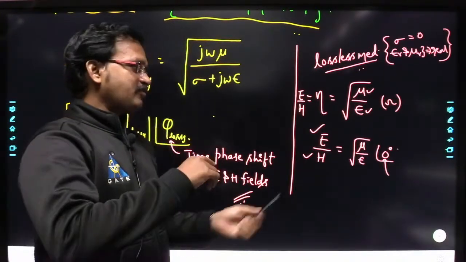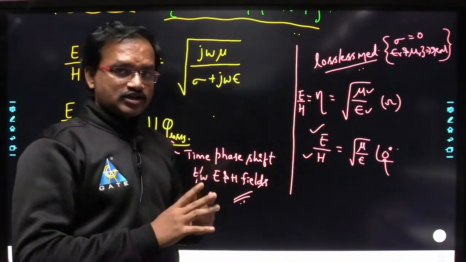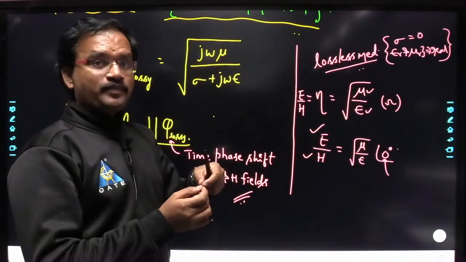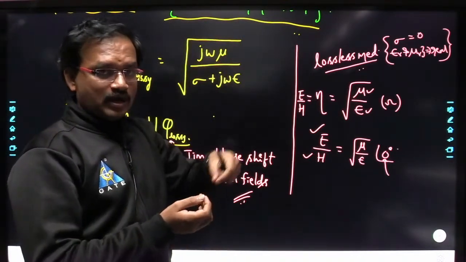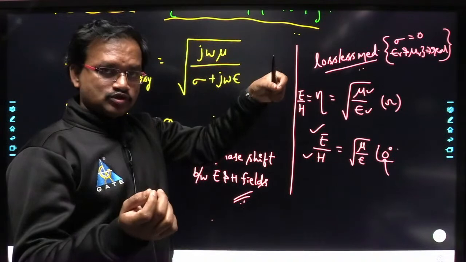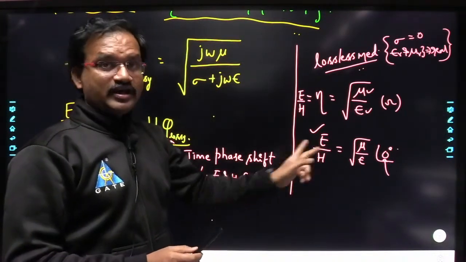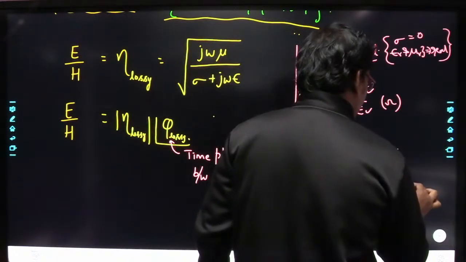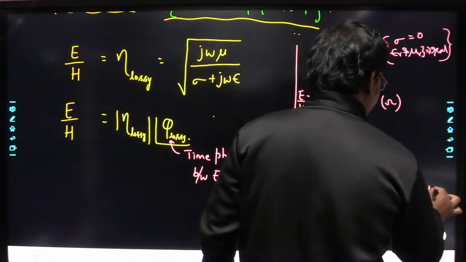The electric field and magnetic field oscillate with respect to time, yes or no? So they make the maxima and minima at the same time, which means they are in time phase. Understood? So 0 degrees means they are in time phase.